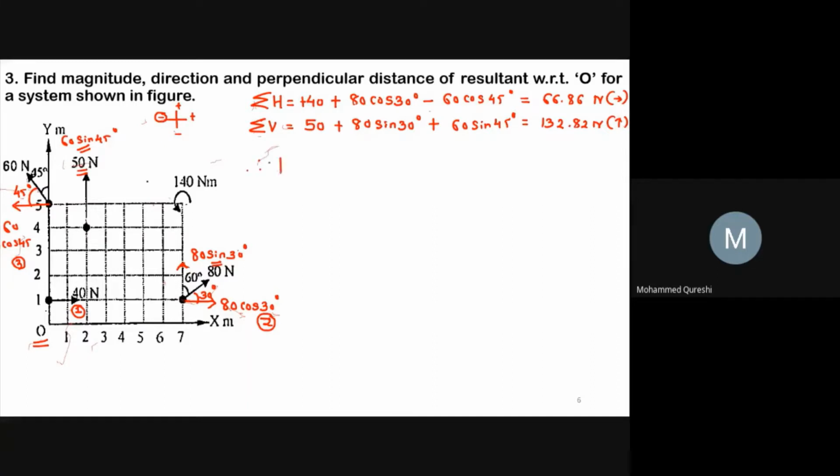Now we will go for the equation: capital R equals the square root of sigma H squared plus sigma V squared. After putting the value of sigma H as 66.86 and sigma V as 132.82, you will get the value of capital R as 148.34 Newton.